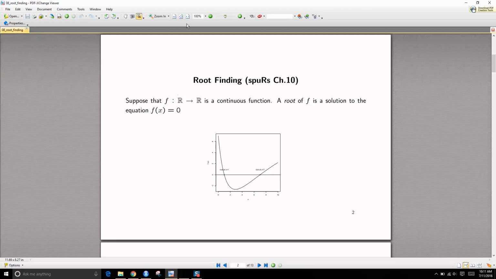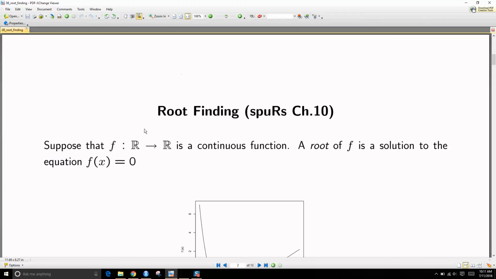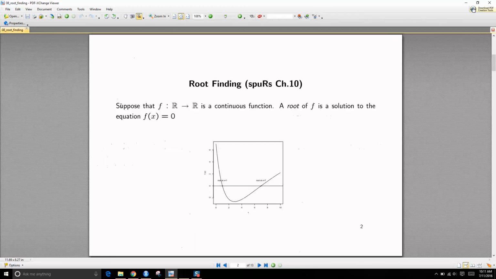And so root finding is kind of this age-old problem of you have some kind of function, and you want to know where that function crosses the value 0. Okay, and so if you can graph the function, it's very easy. You just say, oh, it crosses the line 0 right here and right here.